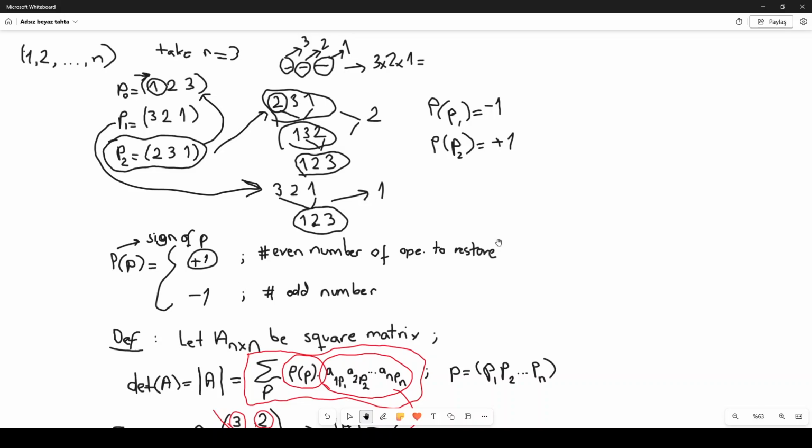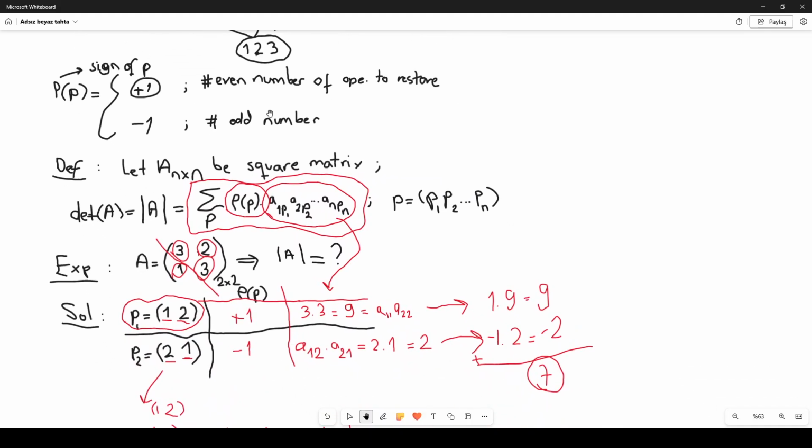And in our case, we order them in our convention from 1 to n, right? With respect to their numerical values. And we can perform some interchange operations to convert all other permutations into the permutation which has a natural ordering. And if this number of operations is an even number, then the sign of the permutation is plus 1.